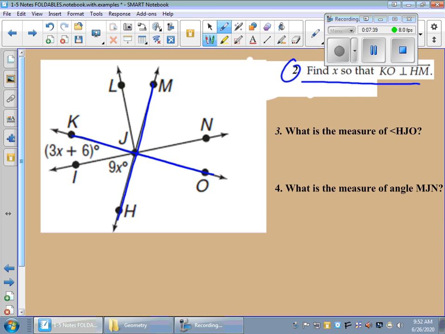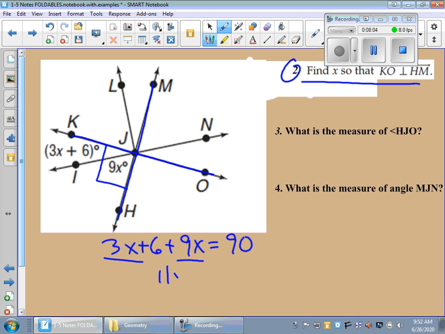Well, what do perpendicular lines form? They form 90-degree angles. So you're going to take these two right here. That's 90 degrees. We have to do a little algebra and set up an equation: 3x plus 6 plus 9x equals 90. To be perpendicular, those two have to add up to 90.